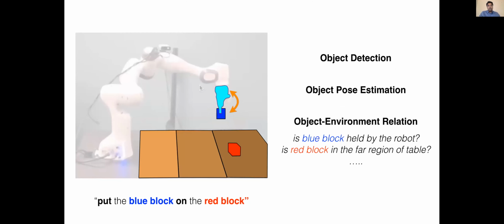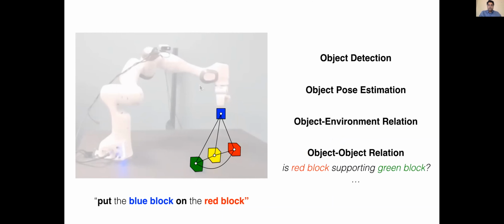Now, depending on the complexity of the environment and the task itself, one might want to find a relationship between objects and the semantic locations that are involved in the scene. Here, a simple question could be: is the block held by the robot, or is it in the far end of the table or in the center region of the table and so forth?